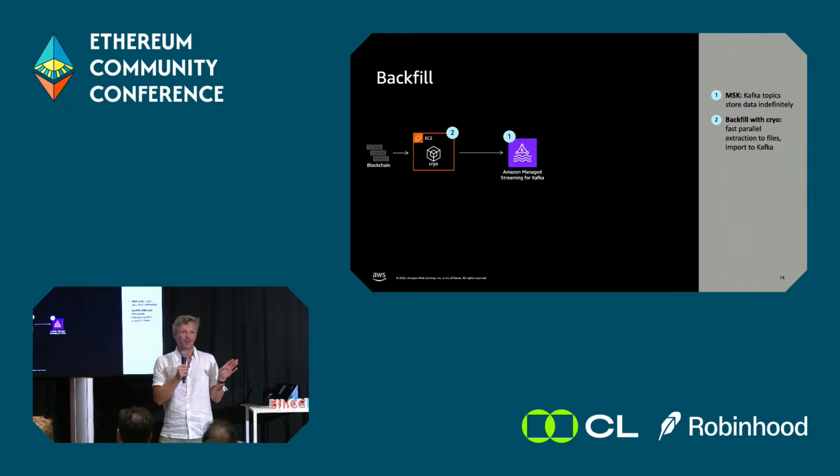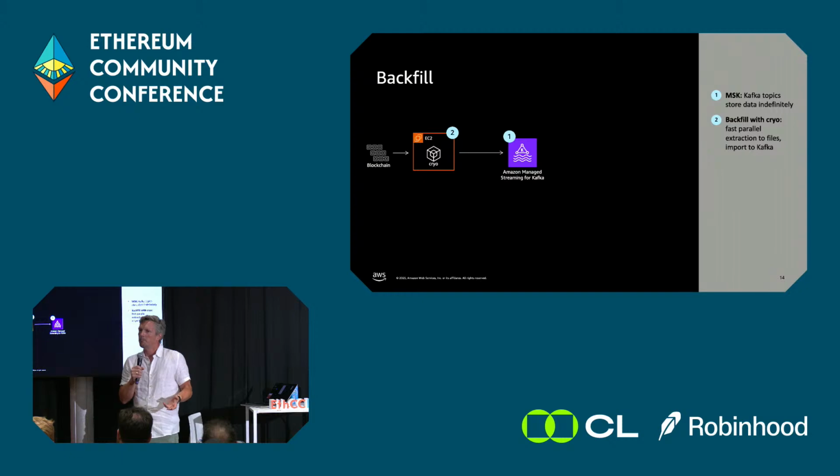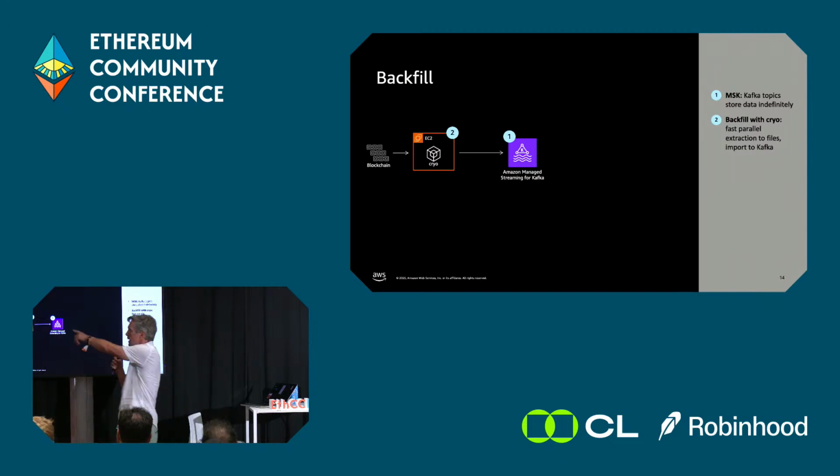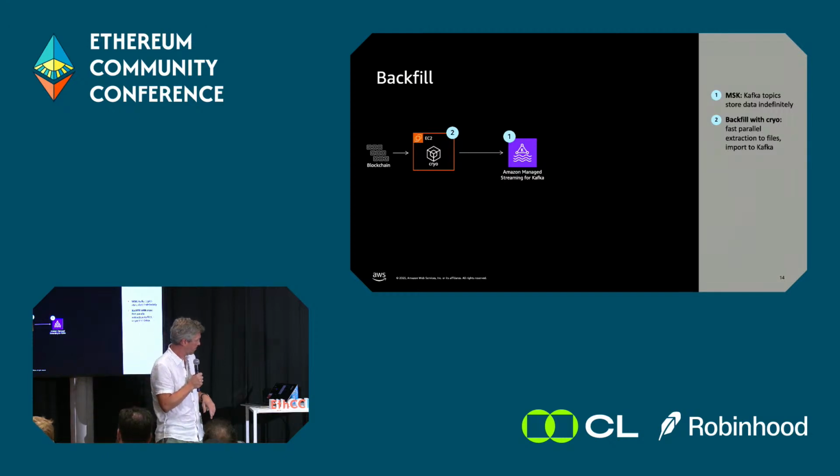So don't try that with a public blockchain service. It should be your own node, because it really sends many requests to the node. But by that, it's fairly fast to extract all the data. And what you're getting is file-based data that sits on your EC2 instance in that case, and then we can push it over to Kafka. That's for the backfilling part.